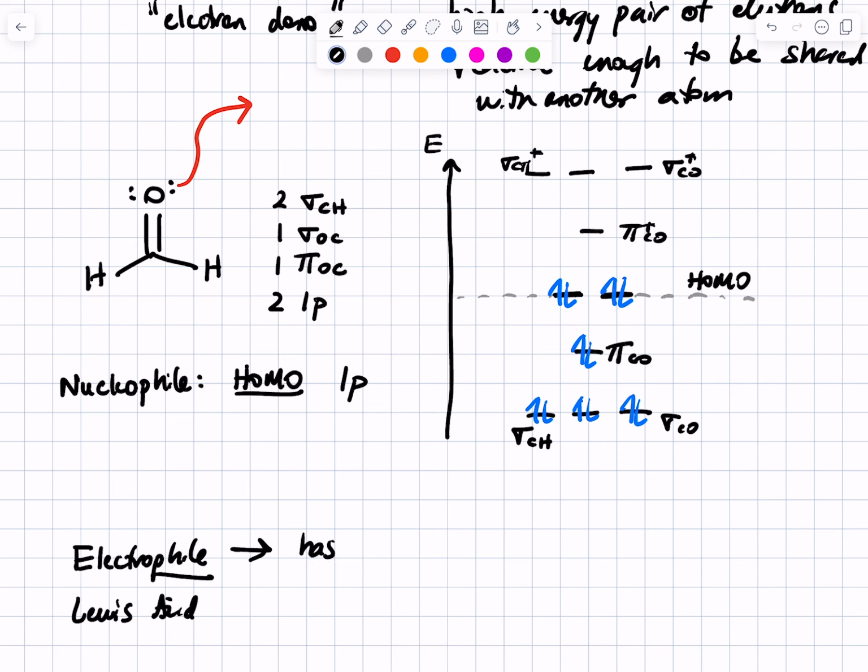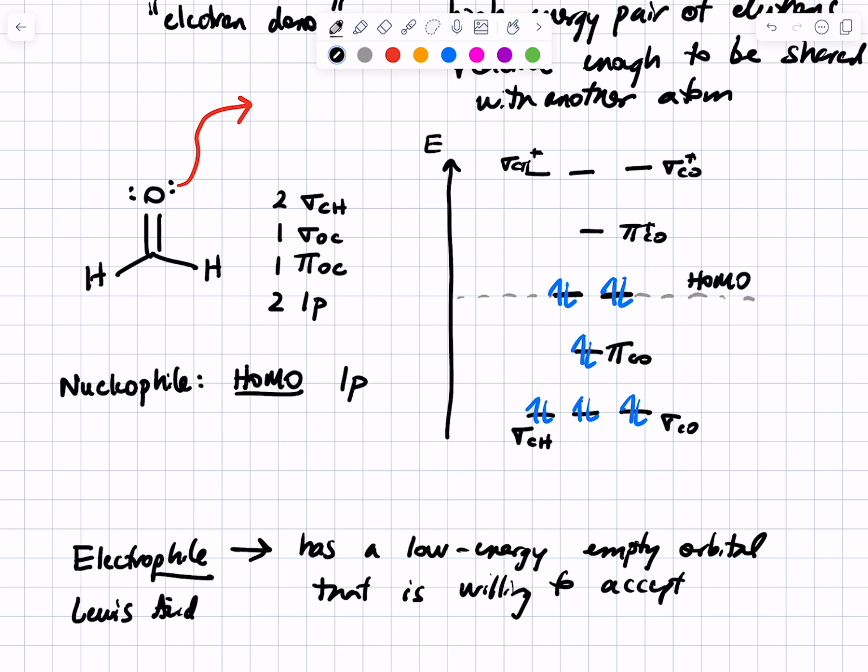Instead of a high energy filled orbital, an electrophile has a low energy empty orbital that is willing to accept electrons. And when I say accept electrons, I don't mean like, here, have an extra electron. I mean share electrons from a nucleophile.